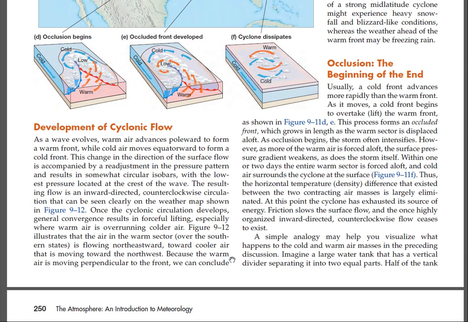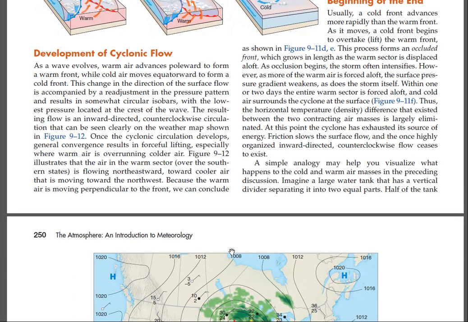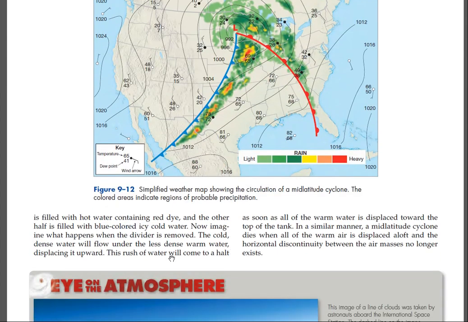A simple analogy may help you visualize what happens to the cold and warm air masses in the preceding discussion. Imagine a large water tank that has a vertical divider separating it into 2 equal parts. Half of the tank is filled with hot water containing red dye, and the other half is filled with blue-colored icy cold water. Now imagine what happens when the divider is removed.